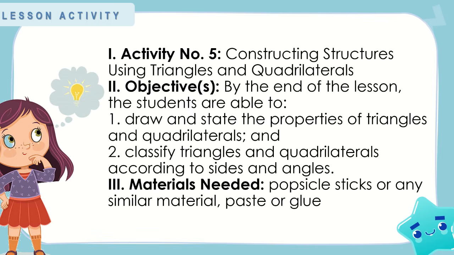For activity number 5, constructing structures using triangles and quadrilaterals. Objectives: draw and state the properties of triangles and quadrilaterals, and classify triangles and quadrilaterals according to sides and angles. Materials needed: popsicle sticks or any similar material, paste or glue.